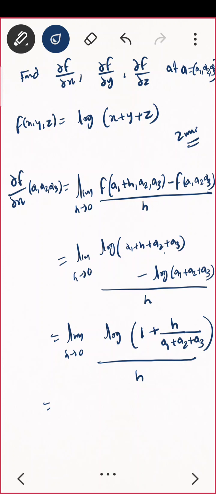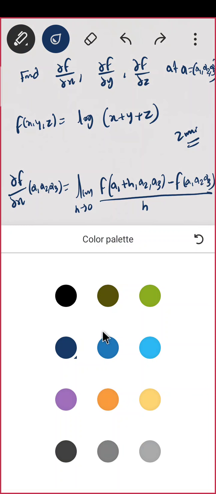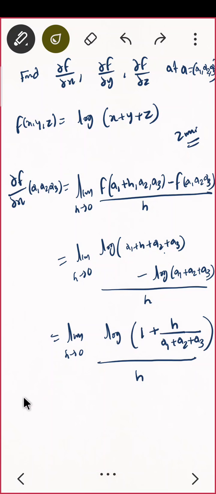Do you remember there was a limit formula, log of 1 plus h upon h? I'll write it if you are not aware. That is limit of h tending to 0 of log of (1 plus h) upon h. That is equal to anybody? This is equal to 1.